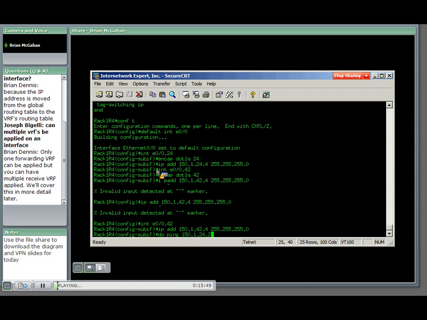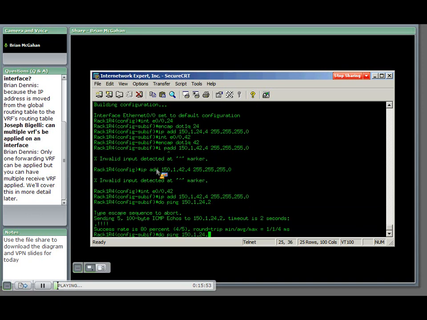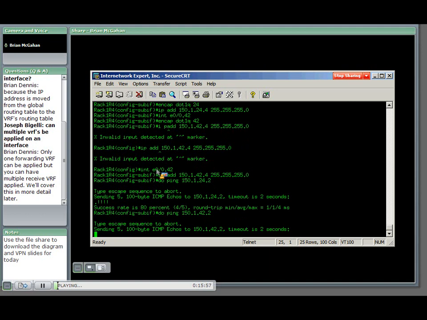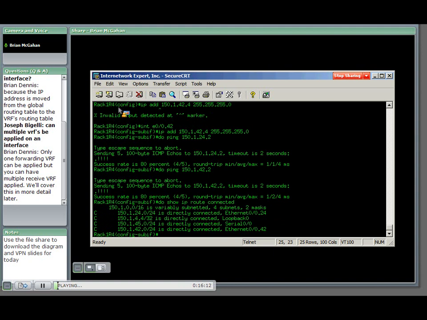So 24.2 we should have connectivity to, which we do, and then 42.2. If we look at the show ip route connected output on router 4, we can see that these two sub-interfaces, Ethernet 0/0.24 and Ethernet 0/0.42, are both in the global routing table.